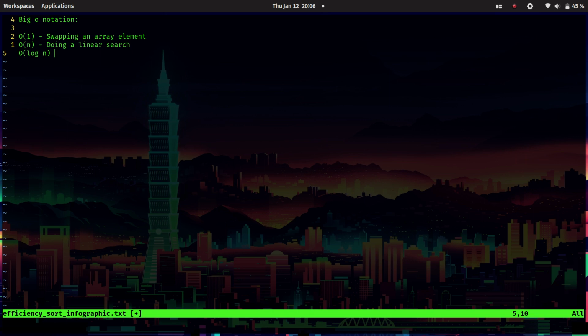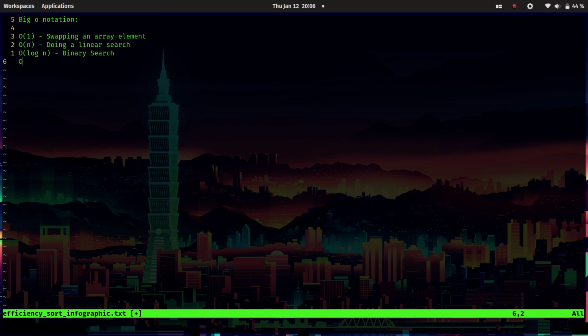In certain instances, it could be faster than O(n) or even equal to O(1), but most of the time it's going to be just a tiny bit less efficient than O(n). Something like this would be binary search, where instead of having to go through the entire list, it can just go through a logarithmic amount of the list.